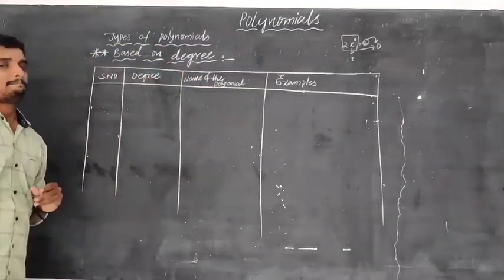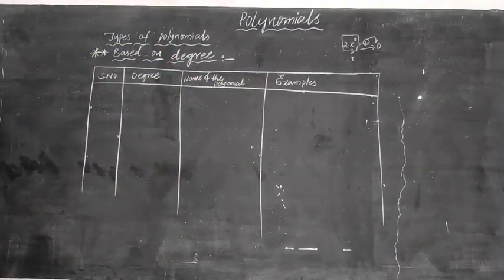So: serial number, degree, name of the polynomial, examples.